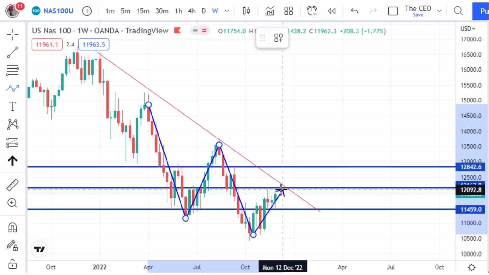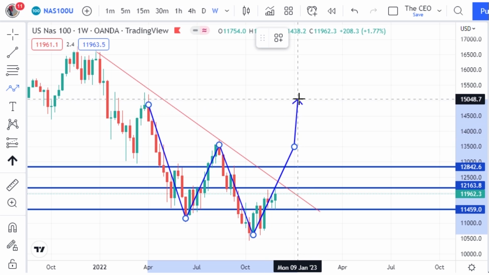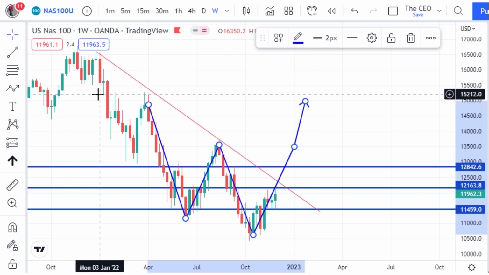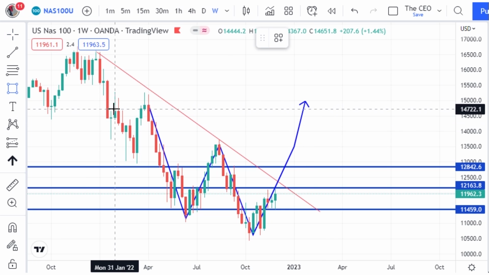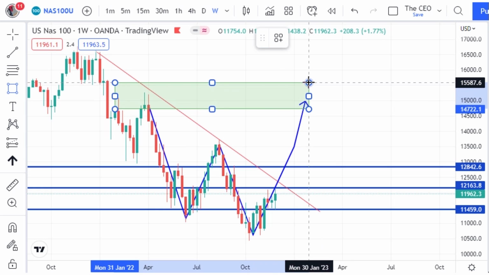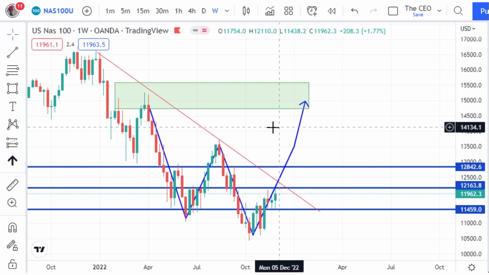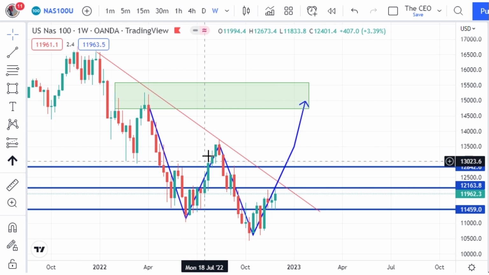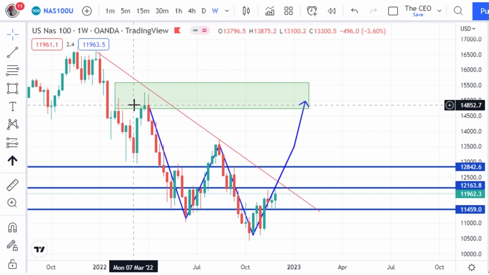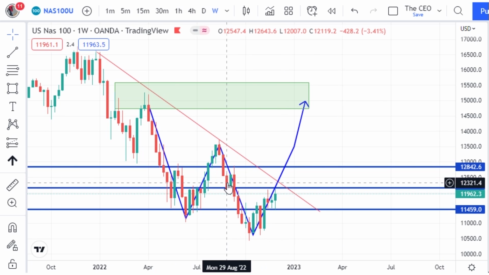Meaning for it to complete, it's gotta at least reach this level here, or eventually go to where it started, which is at this level here. Those who trade the W's and M's strategies know this. So this way it began, and remember the no-brainer, we cut it in half, and where it began, it's gonna end. So overall, this is what we are looking for from NAS 100.